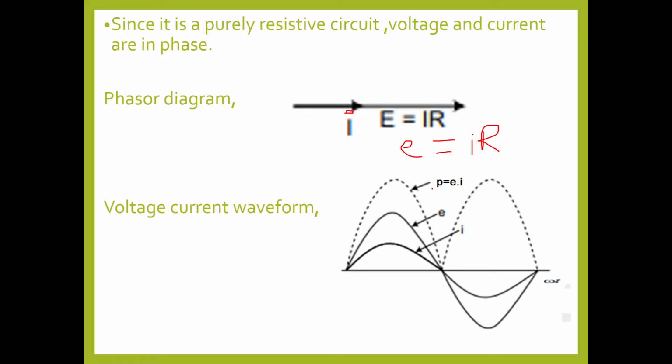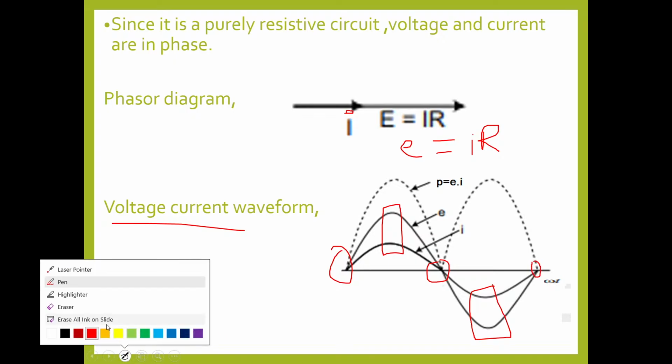If you plot the voltage and current waveforms, both are in phase, so both will reach their minimum and maximum values at the same time. In phase means both will reach zero and maximum at the same time.